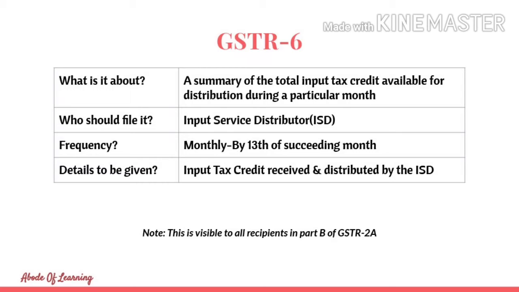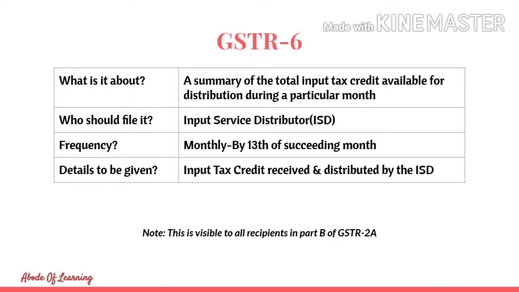So basically, this is a return that is a summary of total input tax credit available for distribution during a particular month, and this return has to be filed every month by 13th of next month. That is, for September, the return has to be filed by 13th of October.